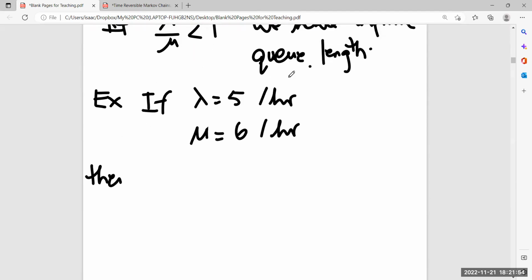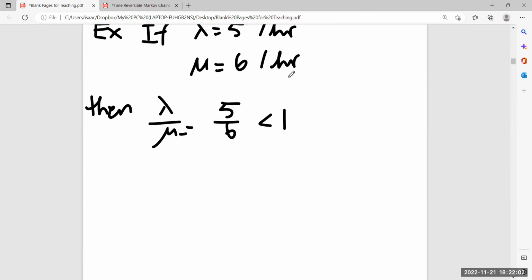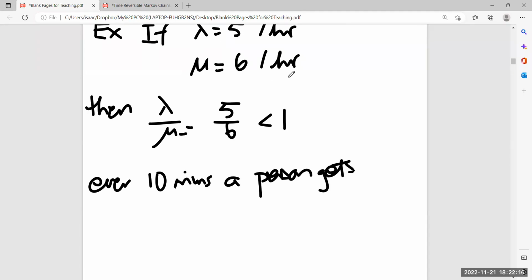Then lambda over mu is equal to 5 over 6, which is less than 1, right? So what does this mean? This means that every 10 minutes, a person gets served, because we have 6 per hour.